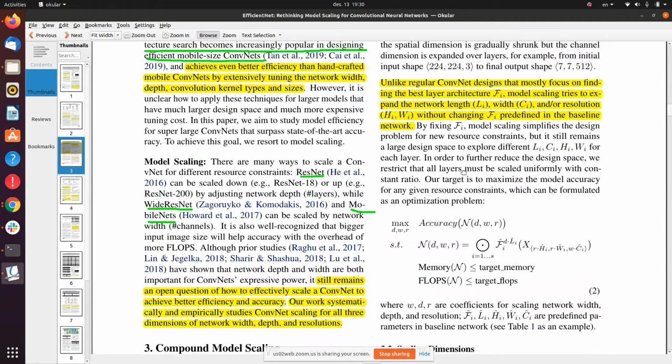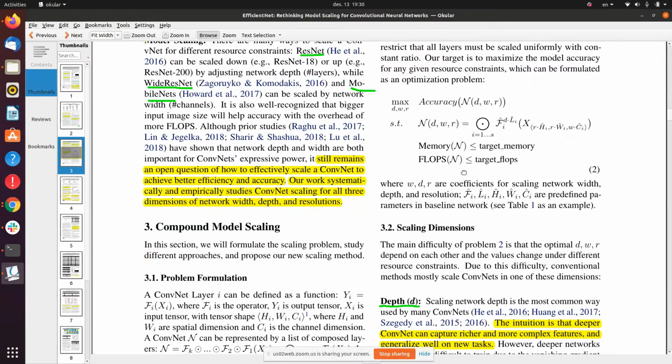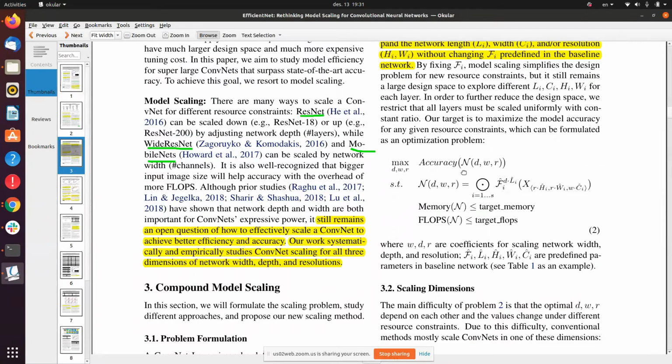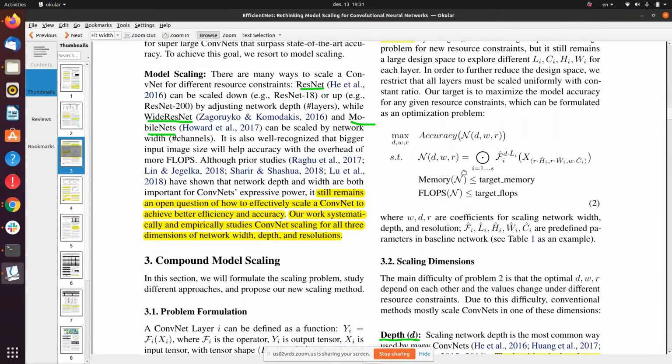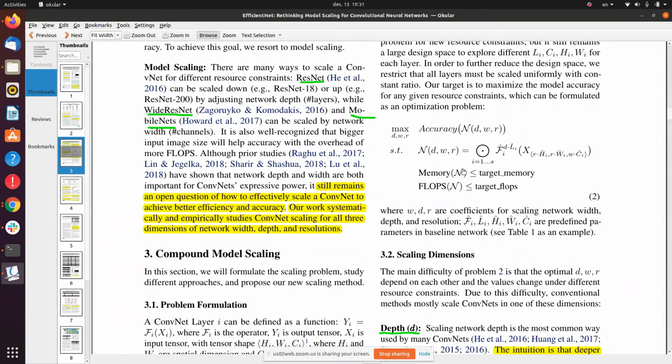Here the important things that we need to consider again are length, width, and resolution. I mean length in the sense of the depth of the network, width, and resolution. Those are the things they focus on in this problem formulation also.